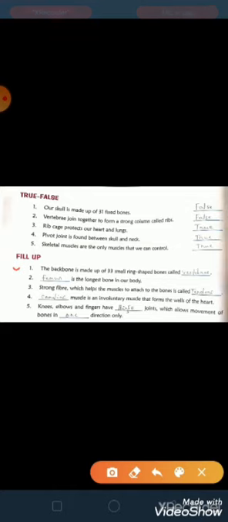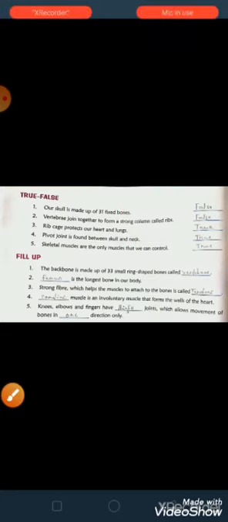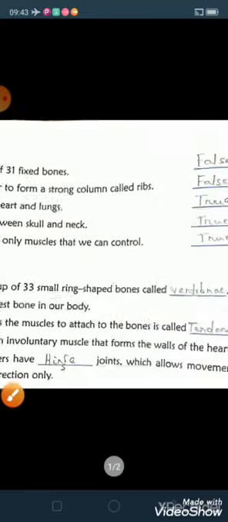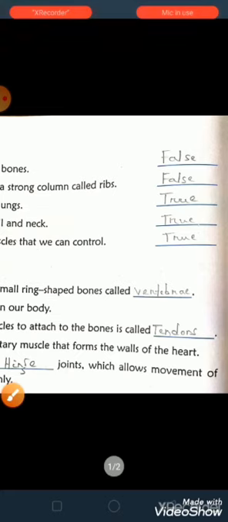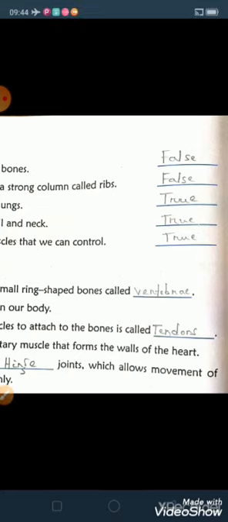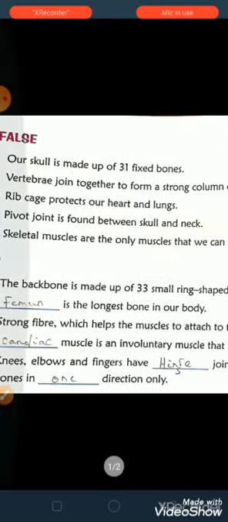These bones are called vertebrae. Wait, I am zooming it. It is called vertebrae.